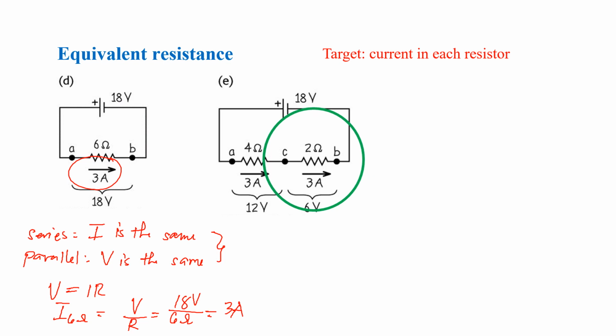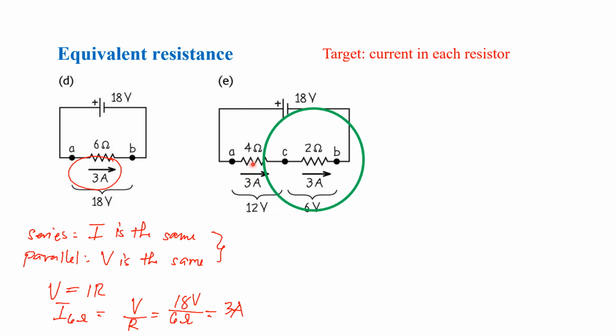Okay, now let us move backwards from the one equivalent resistor. If you remember, this one equivalent resistor is actually made up of two resistors in series, your 4 ohm resistor and your 2 ohm resistor. Remember that in series, the current I is the same.